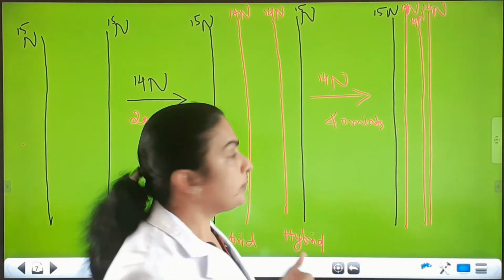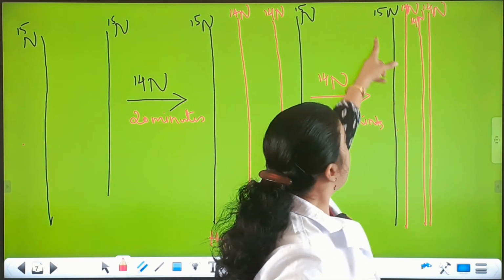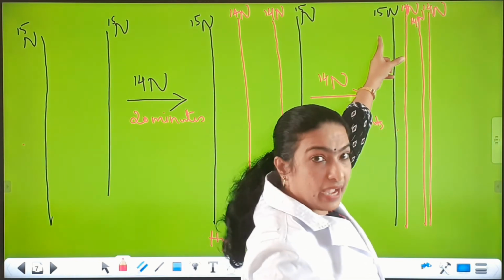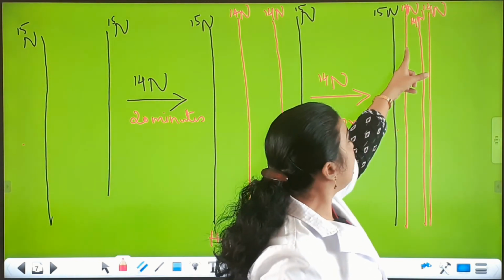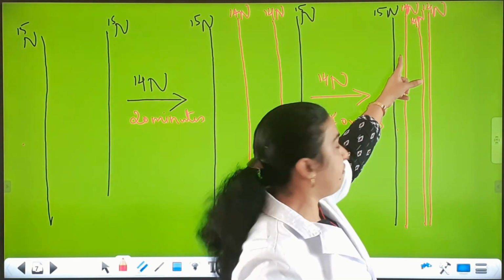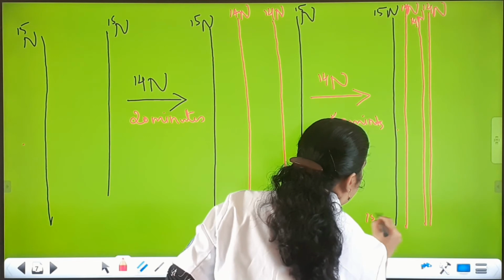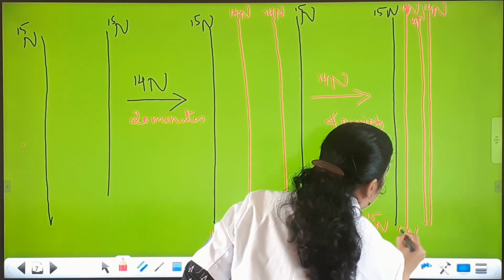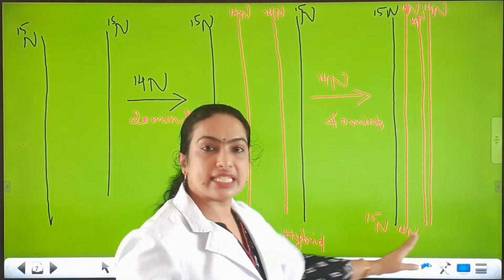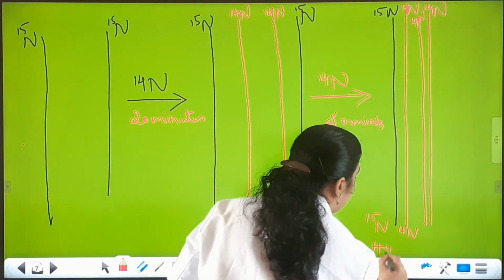So clear? This strand is having N15. The parental strand is with the N15 and the newly formed strand is with the N14. Here I will write N15 first one, this one N14. So this is the hybrid DNA.